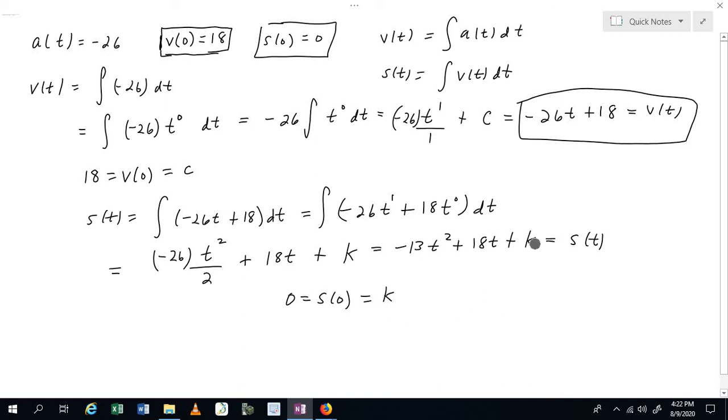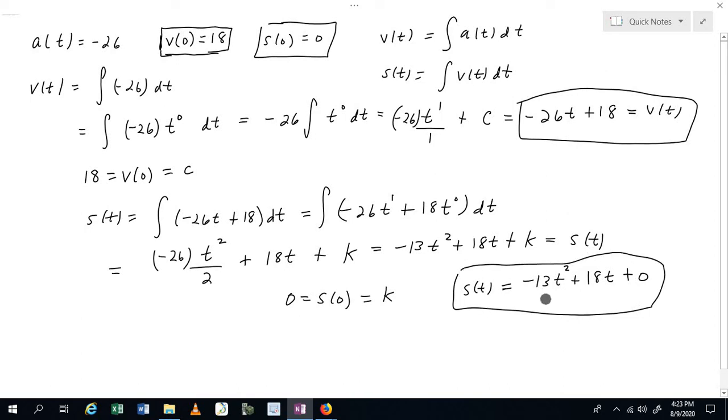Knowing that, we can substitute 0 in for this k here, and we have s of t. It's negative 13t squared plus 18t plus 0, because k is 0. So that's our position function.